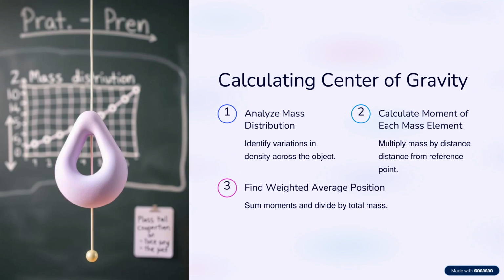In the third step we find the weighted average position, just like the centroid, in which we sum moments and divide by total mass. So we are done with the calculation, and let's move forward.